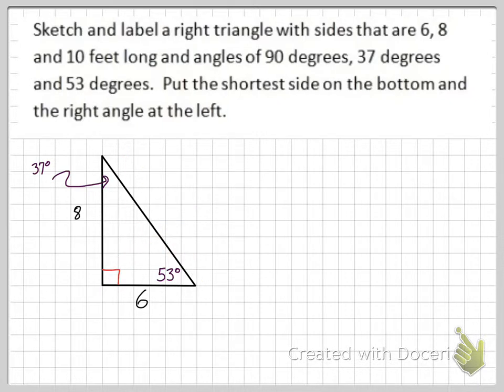So the longest side is 10, and then that leaves 8 for the other leg. So that is what that would look like. Okay, so if it says sketch and label a right triangle with sides that are 6, 8, and 10 feet long, and angles of 90 degrees, 37 degrees, and 53 degrees, and we need to put the shortest side on the bottom and the right angle at the left, this would be the picture you have right here.